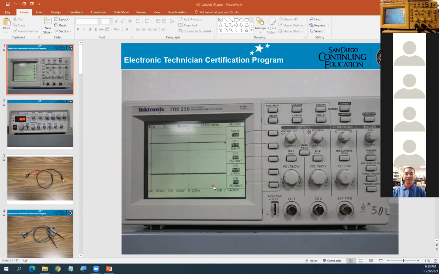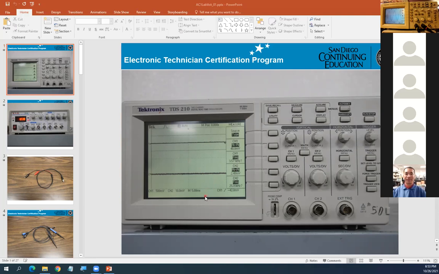Okay. Mr. Pham, in any case, you were saying that on this oscilloscope you have 8 divisions vertical and 10 horizontal, correct? Right. And you were going to explain when to use ×1 and ×10. Exactly.